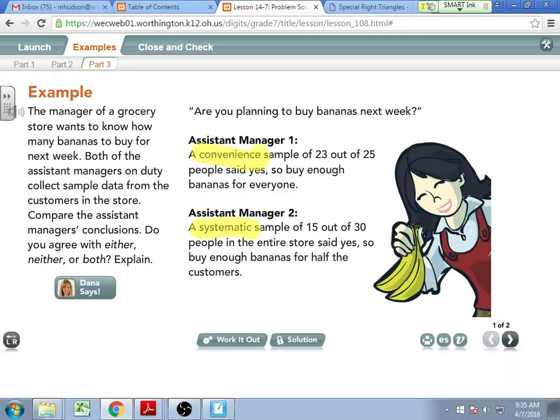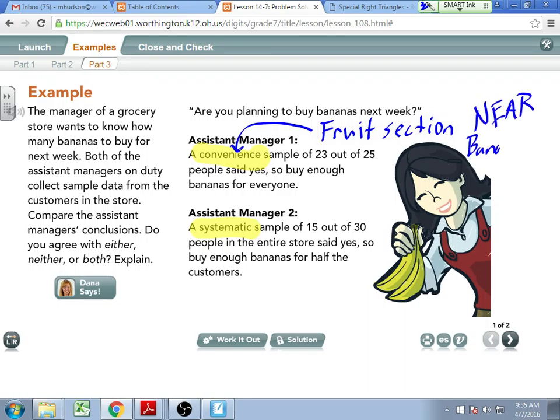Maybe since it was convenient, they might have been by the bananas, in that general area, the fruit section. Do you think being near the bananas would make a difference on whether people are buying bananas or not? Also, the second one says of the entire store. Yeah, this is the entire store.